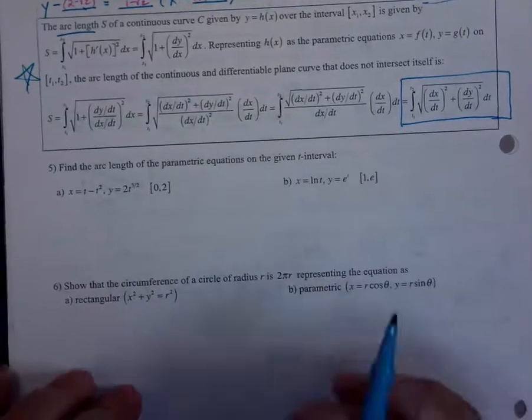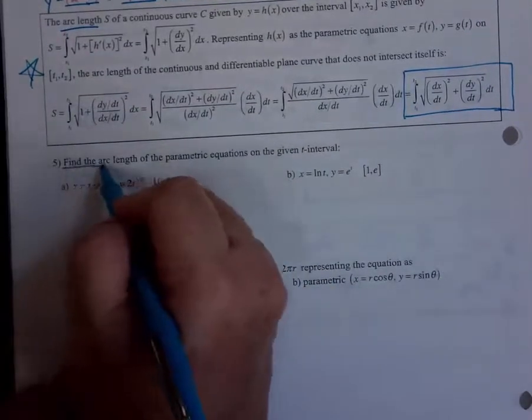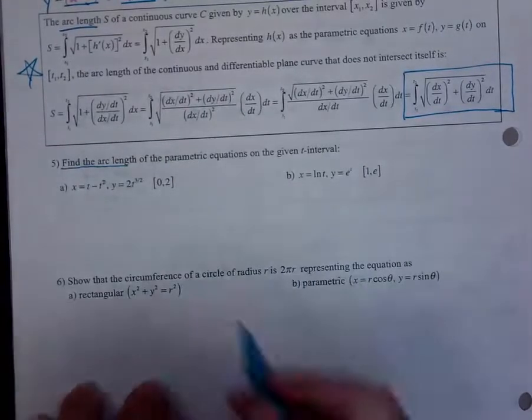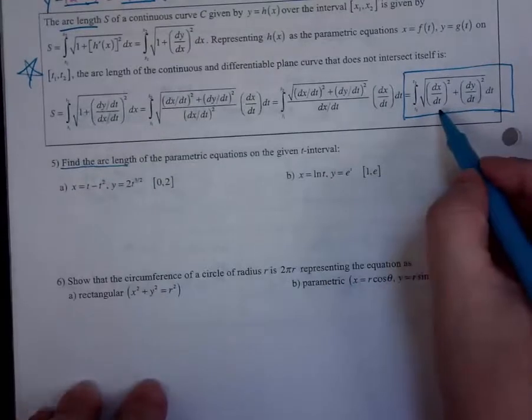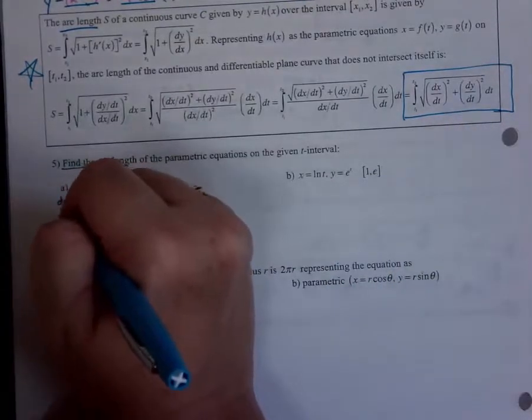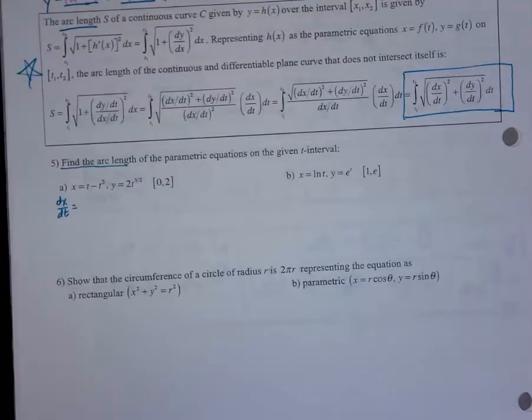It says to find the arc length of the parametric equations. So, in order to find the arc length, I need dx dt and dy dt. Let's do that first. Underneath here, write down dx dt equals. And I want you to take the derivative of that. What's it going to be?